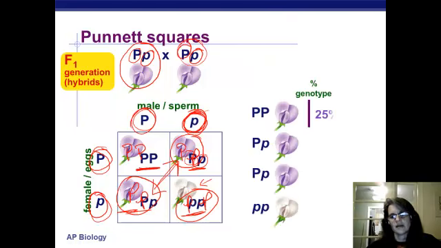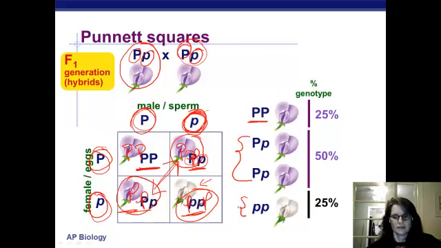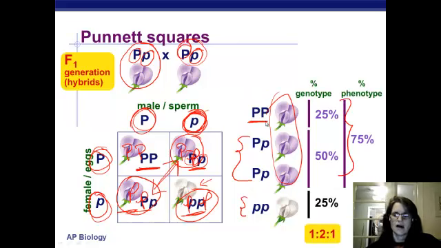What we have then is 25% that are big P, big P in our F2 generation, 50% are big P, little p, and 25% are white. Okay? But when we see them phenotypically, what we see is these all look the same, even though genetically they're a little different. We see 75% being purple and just 25% being white.